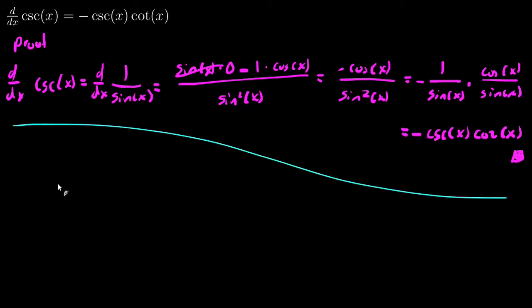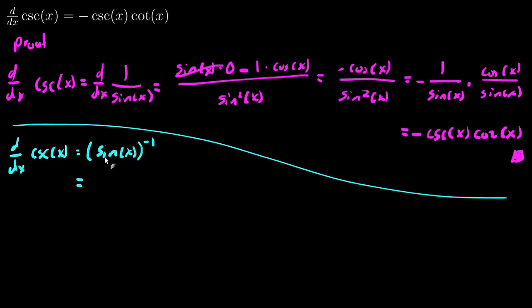And similarly, I can use chain rule. So again, I'll start with left-hand side, the derivative with respect to x of cosecant x. And cosecant x is 1 over sine x, which is the same as sine of x, all to the negative first. Again, I'm not using sine to the negative first. That notation I generally reserve for inverse functions.